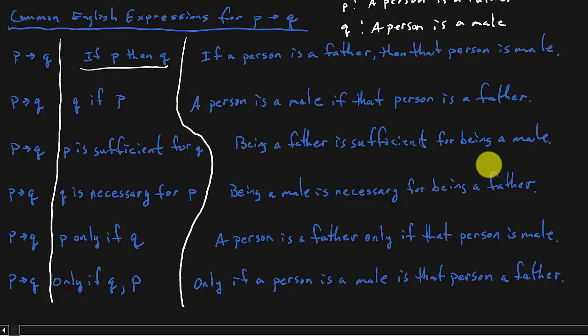And then we have being a male is necessary for being a father. A person is a father only if that person is male. And only if a person is a male is that person a father. All right. So that's just the different ways that you can express this if P then Q.